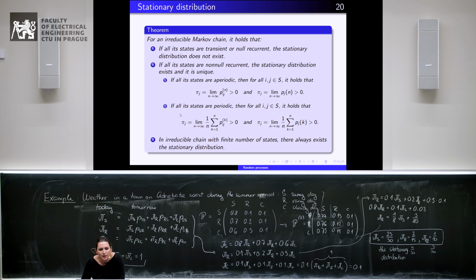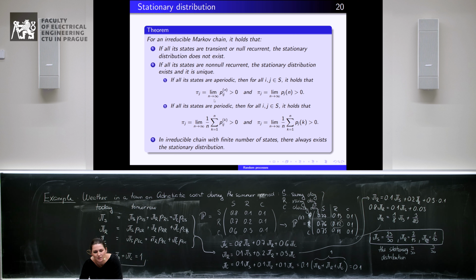Then pi j, the jth item of the distribution, is equal to the limit of the transit probabilities of the nth order, for n going to infinity.